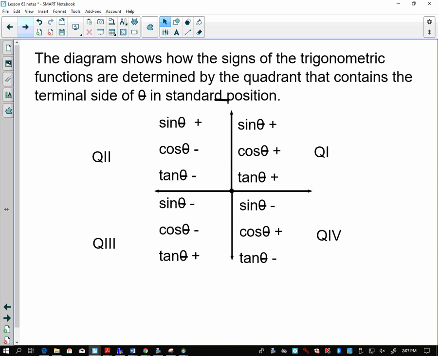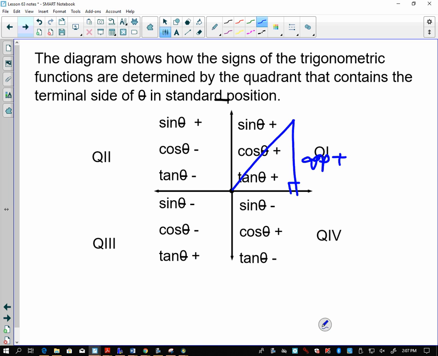One of the things I want you to understand is that in the first quadrant, your sine is always going to be positive. The reason is that sine is opposite over hypotenuse, so here opposite is positive, and our hypotenuse, no matter what quadrant it's in, is always positive.